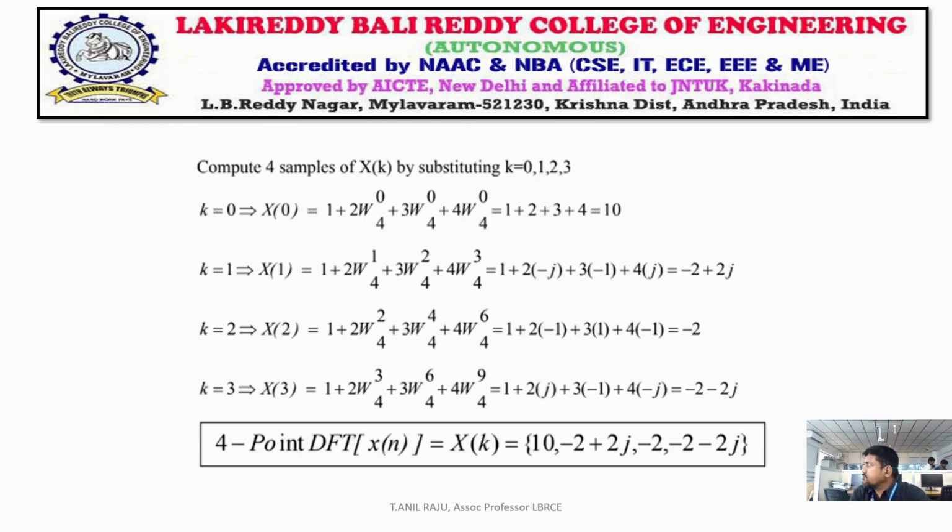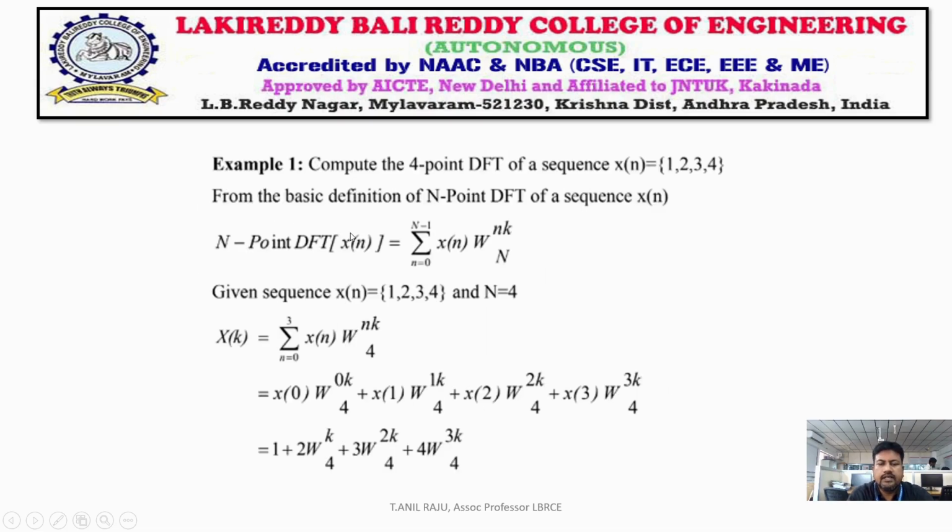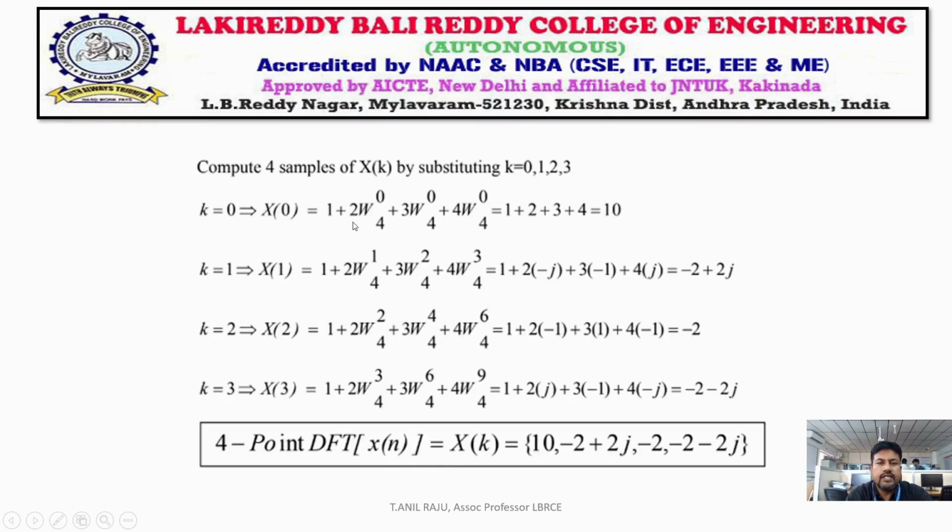So, I am just explaining for different values of k. Simply substituting k value 0 in the earlier equation, we get 1 plus 2 W of 0 of 4 plus 3 W of 0 of 4 plus, like this.